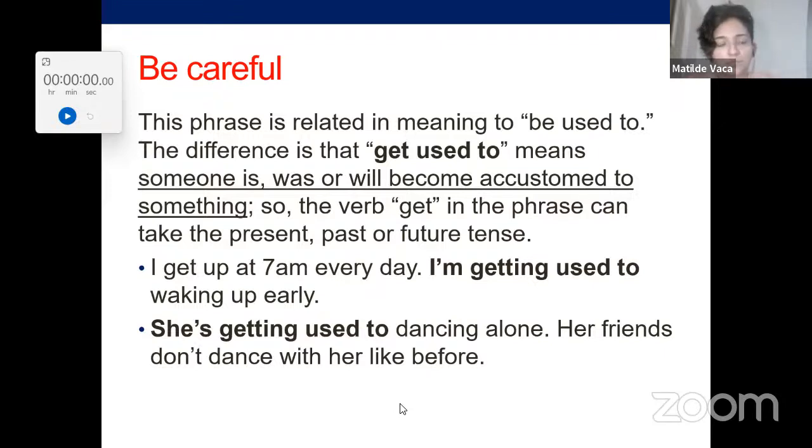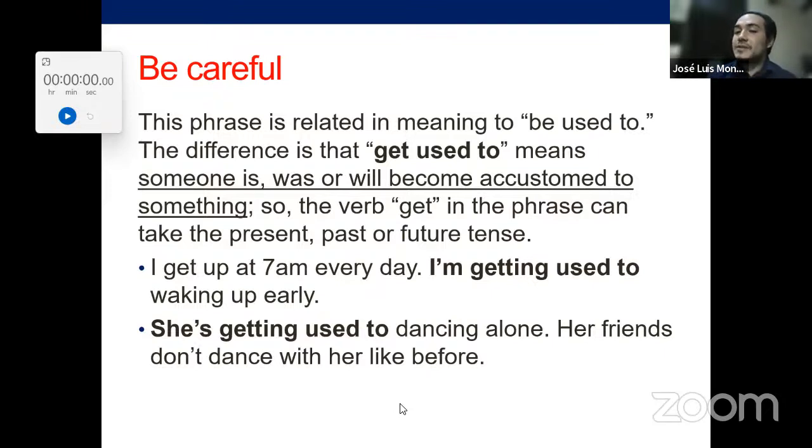Yes, that's correct. The main difference is that be used to means it's normal for you, right? But get used to or getting used to something is becoming used to something. Again, as you said, it's a transformation. It's a period of getting from one state to a different state, but it's not common for you yet.